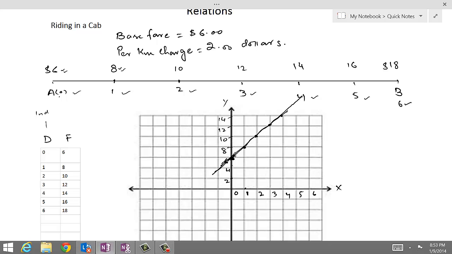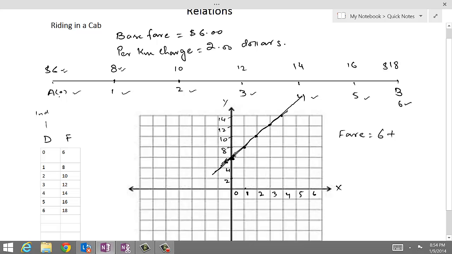And what if we want to find out what the equation would be? The equation fare is going to be equal to, fare is in fact equal to the initial fare. What was the initial fare? That was $6 plus rise over run.